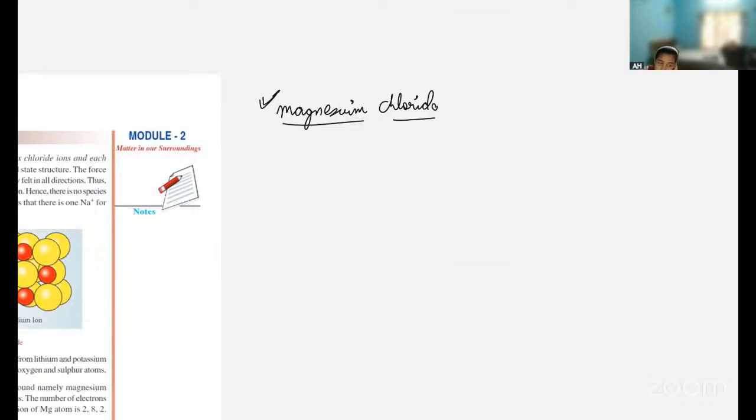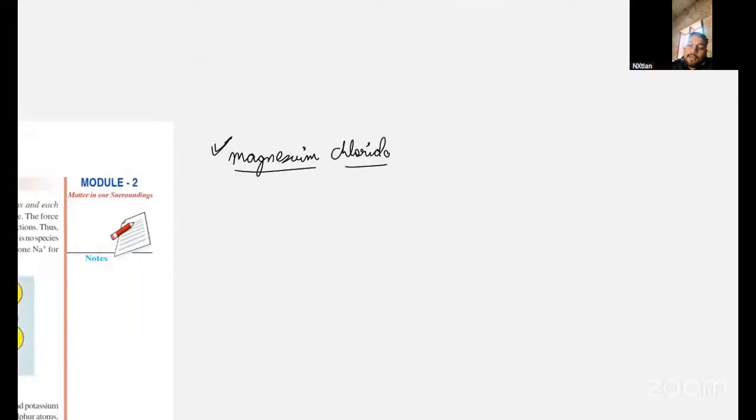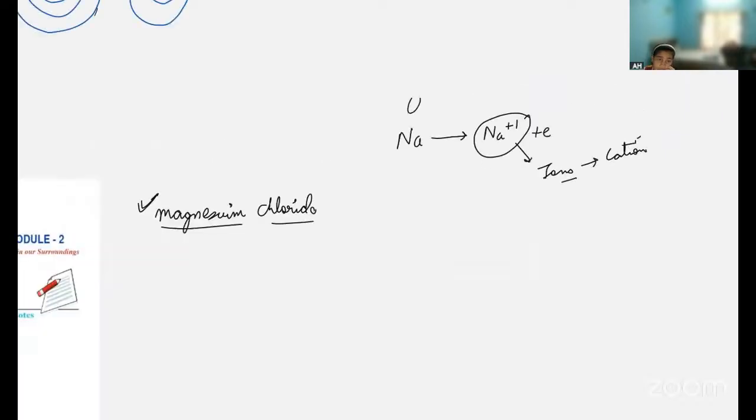So what are ions actually? See, ions, like Na, when it loses an electron, it becomes what? Na plus 1. So this Na plus 1 is called an ion. Now, because it has a plus charge, it is called a cation. Got it?